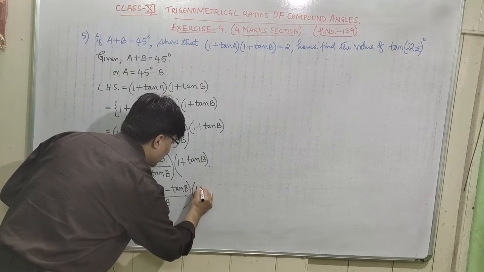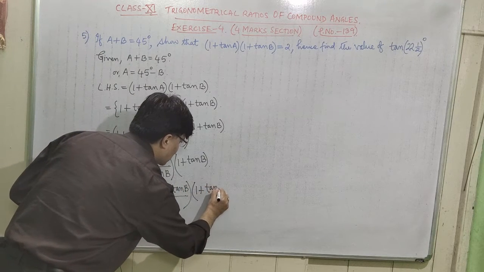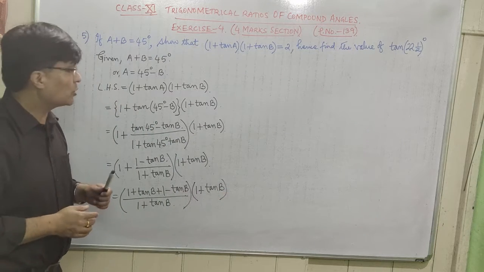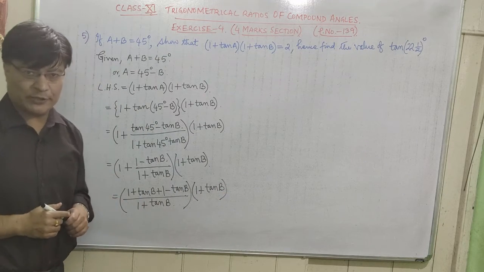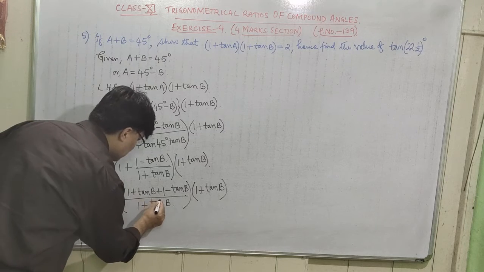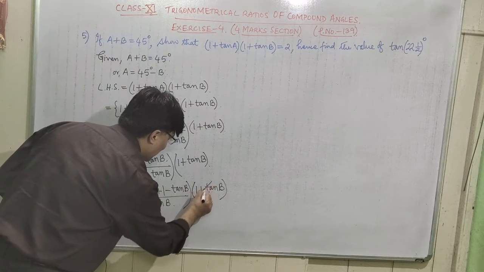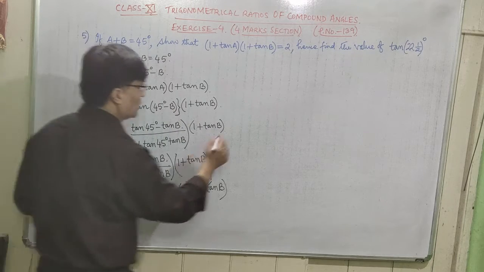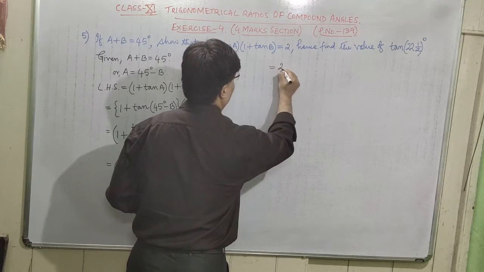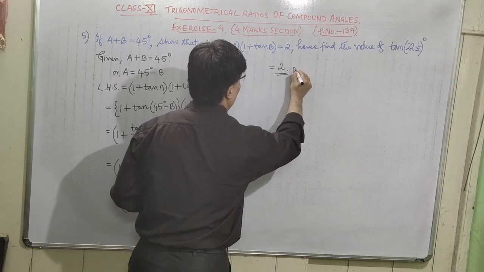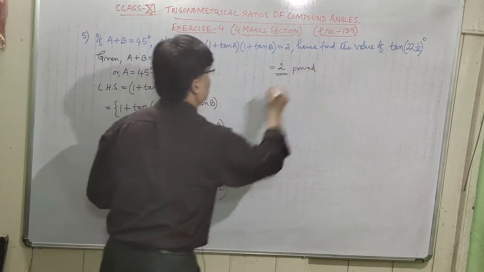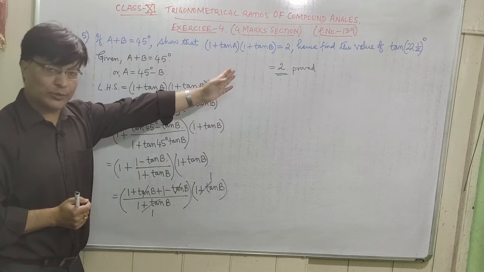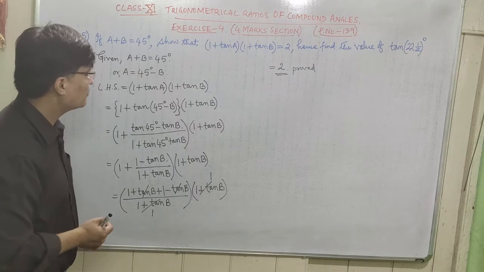Into, what do we write here? 1 plus tan B. Now you have to simplify this expression. You can cancel 1 plus tan B with 1 plus tan B. Tan B minus tan B will be cancelled, which is equal to, what is 1 plus 1? 1 plus 1 is 2. So that is proved, isn't it? So it is proved.